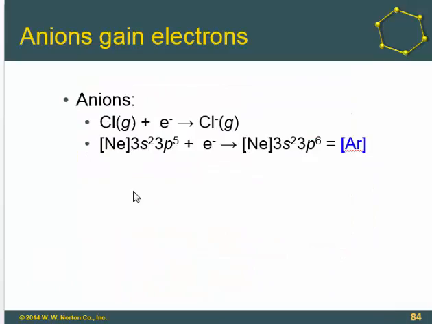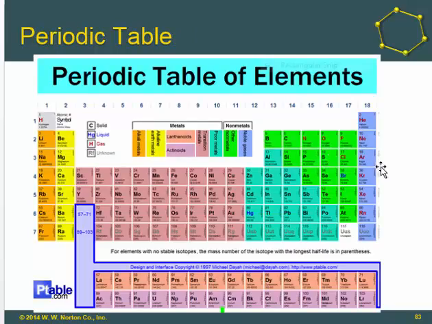So here's the electron configuration for chlorine. If we add an electron, the p subshell becomes filled, which means we have 18 electrons, which is the electron configuration of argon. Now, when chlorine gains an electron and has the same number of electrons as argon, it doesn't become argon. It just has that same number of electrons.